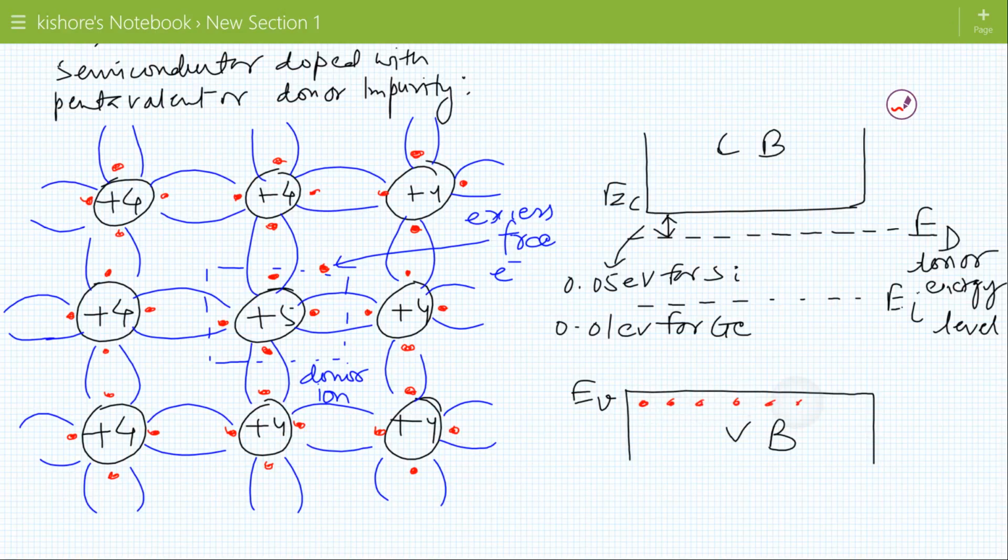Valence band is full of valence electrons, and if an intrinsic semiconductor is doped with pentavalent impurity, then there exist excess free electrons at the donor energy level, and this excess free electron can easily jump to the conduction band, and these conduction electrons can contribute to the conduction current.